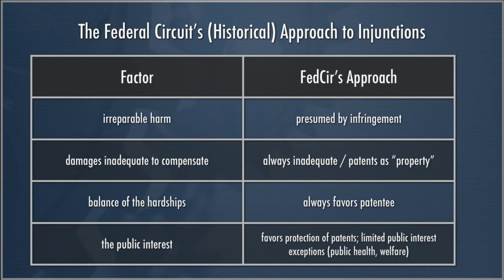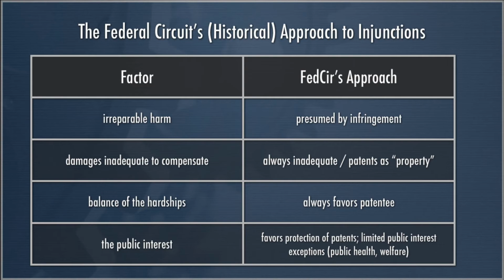First factor is you have to show the person seeking the injunction, here the patentee, has to show irreparable harm, has to show damages are inadequate to compensate for the harm, has to show that the balance of the hardships favor the issuance of the injunction, and show that the public interest either favors the injunction or won't be affected by the injunction. So the Federal Circuit historically had taken the following approach, right?